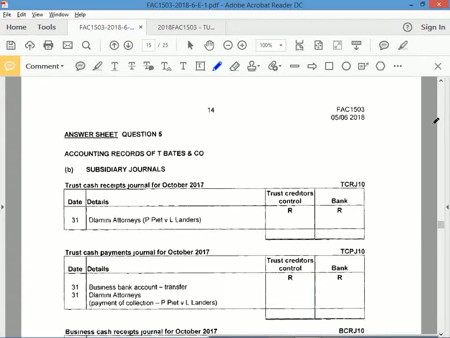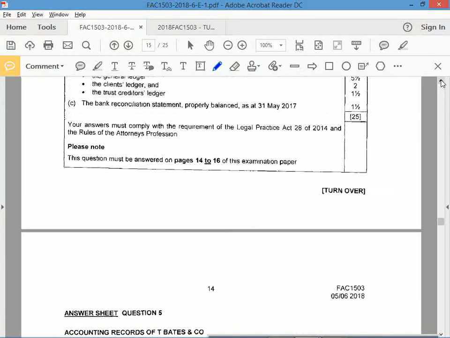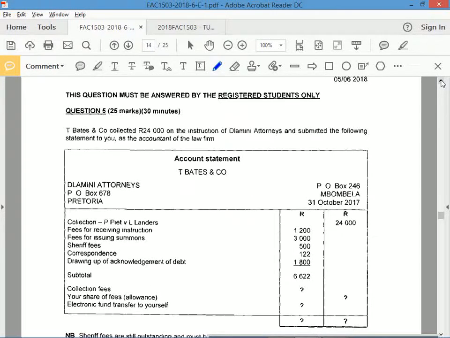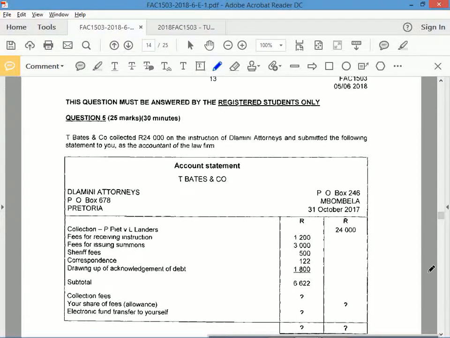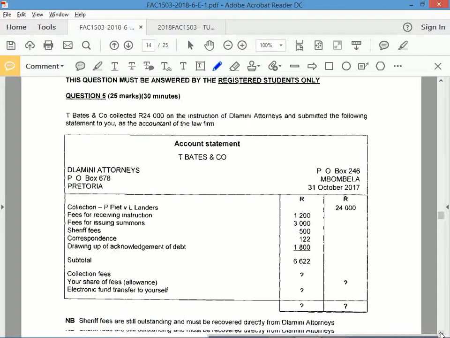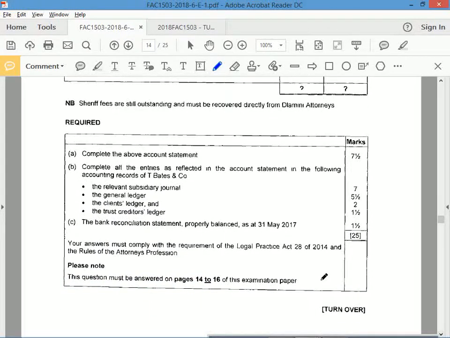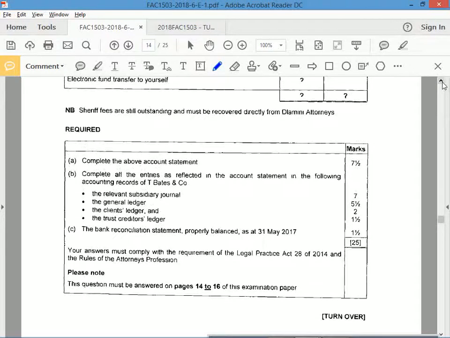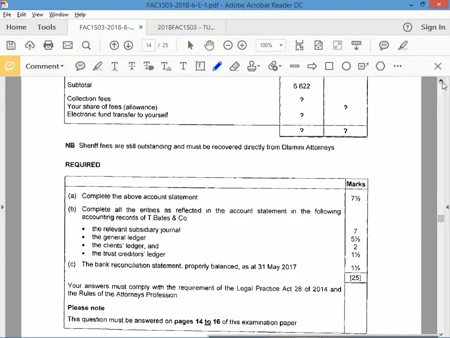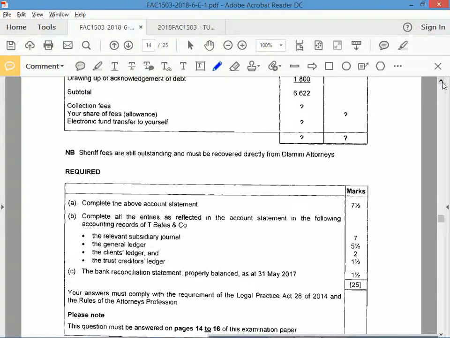Now that's the answer sheet. Where's the bank recon? Why did they say bank recon there? That's strange. That's a typo.